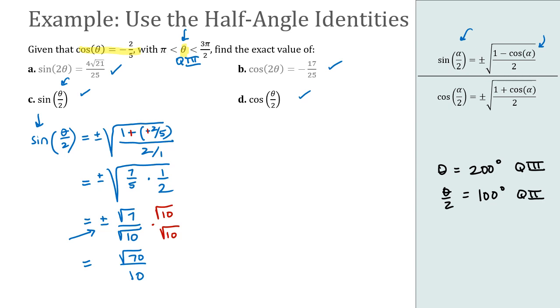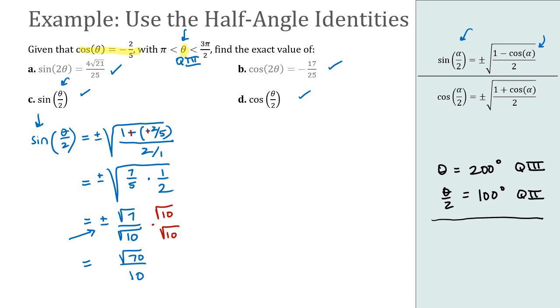So now if we're talking about sine, the sine of a quadrant 3 angle is negative, but the sine of a quadrant 2 angle is going to be positive. So it changes things. So that's just a way to think about it.